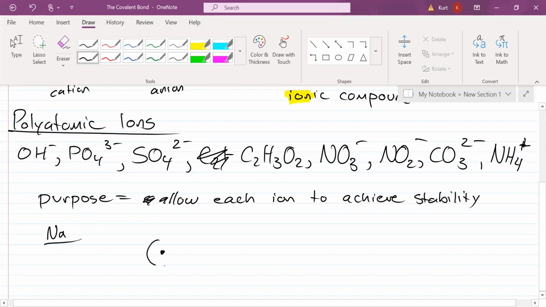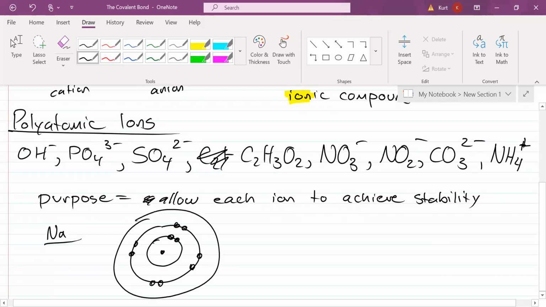You have your nucleus. You got 2 electrons in the first energy level, 1, 2, 3, 4, 5, 6, 7, 8 electrons in the second energy level, and 1 electron in the third energy level, because sodium has 11 protons and 11 electrons. Chlorine has 17 protons and 17 electrons.